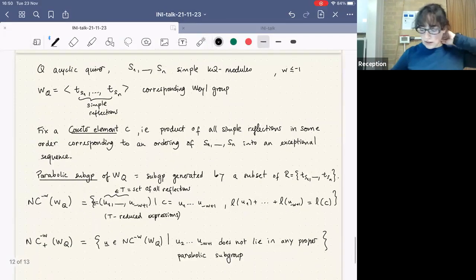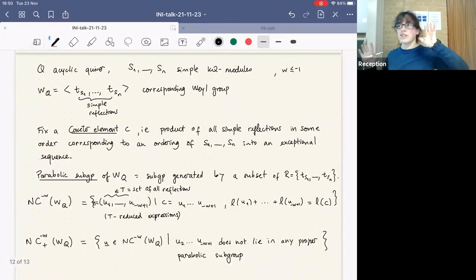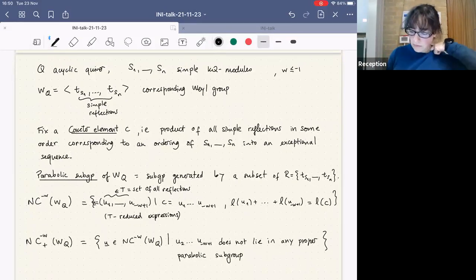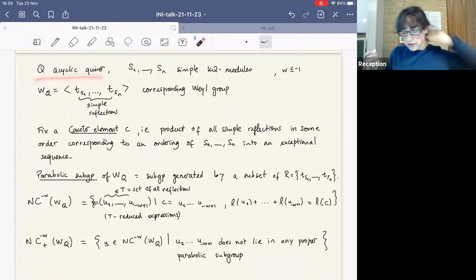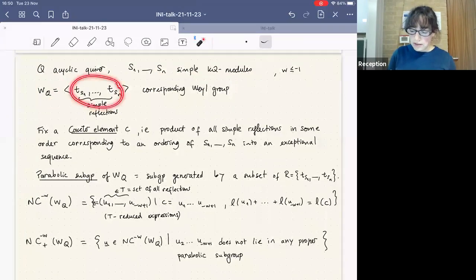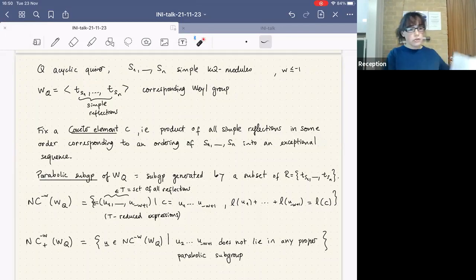Okay, right. So this is the definition, but then I'll show this in an example. The setting is this: you have a cyclic quiver, take simple modules, then you can consider the corresponding Weyl group. This is generated by simple reflections related to simple modules. In order to define non-crossing partitions, we need to fix a Coxeter element.